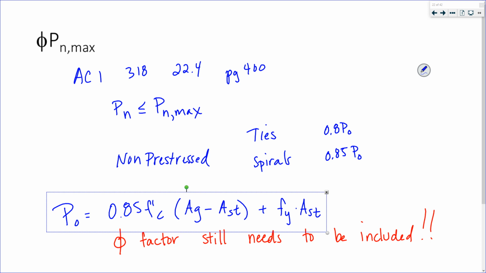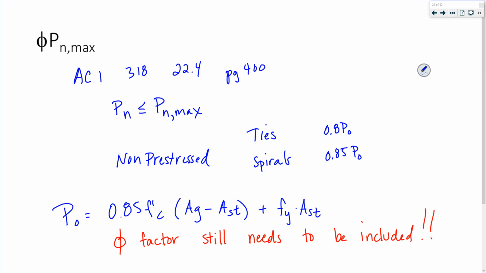If we write our phi Pn max for a column with ties, right?